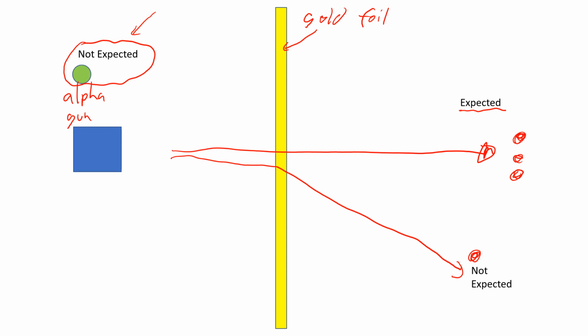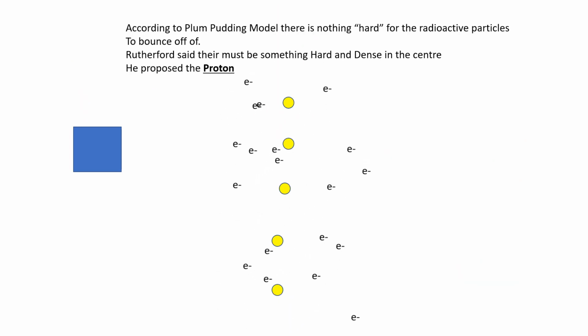There's nothing in the plum pudding model that would stop an alpha particle. And so he said that plum pudding model must not be true. There must be something inside of an atom that is hard and dense that an alpha particle could bounce off of. And so he came up with this.